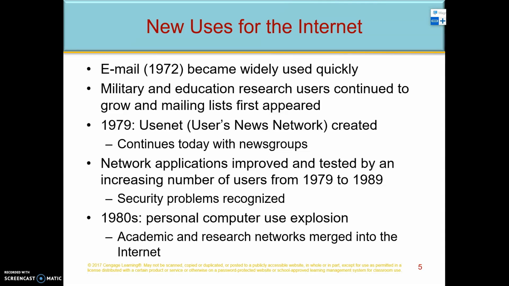In 1979, Usenet was created, which was Users News Network, and it continues now with news groups. Network applications were improved and tested by an increasing number of users from 1979 to 1989. In this period of growth, there were some security problems that were recognized.